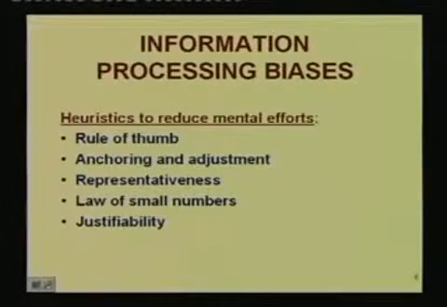So this kind of heuristic is used. Representativeness: instead of evaluating all the different decision alternatives, you just take a representative one. Law of small numbers: when you are handling small numbers, you do not understand the variance.